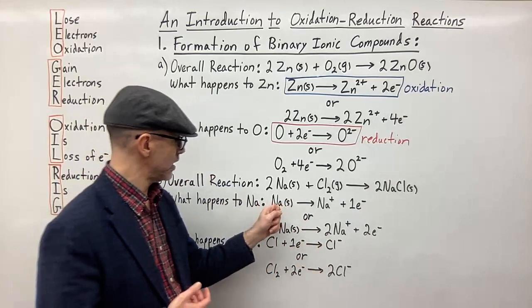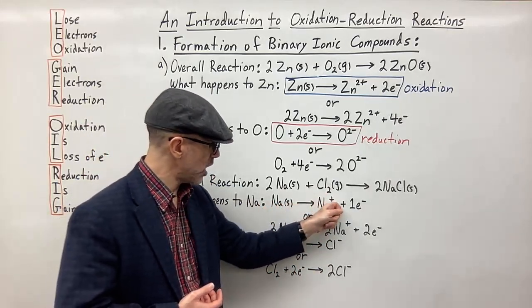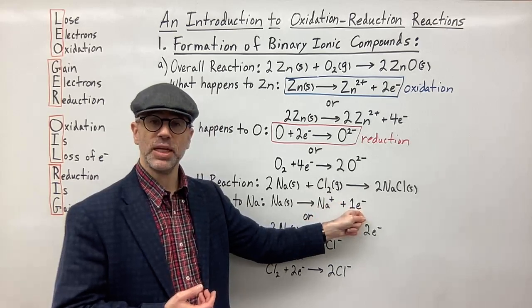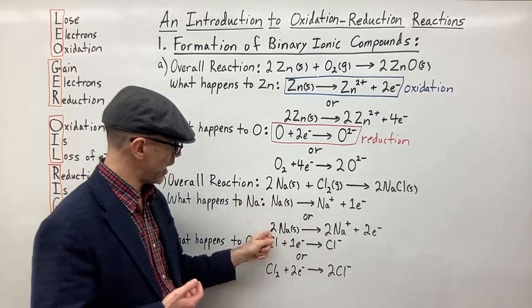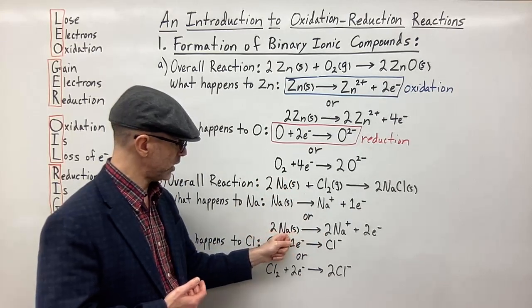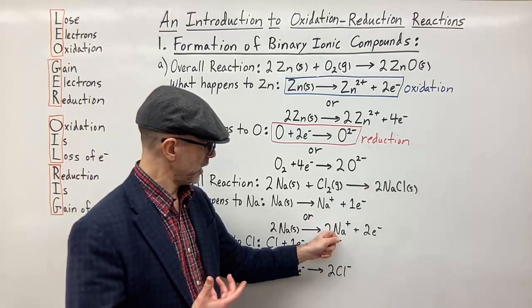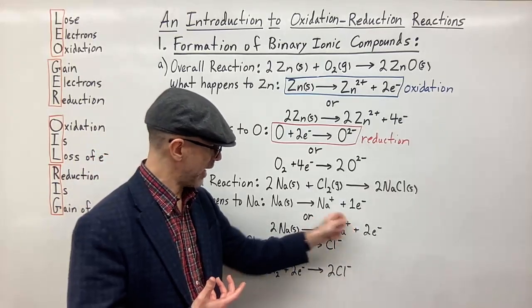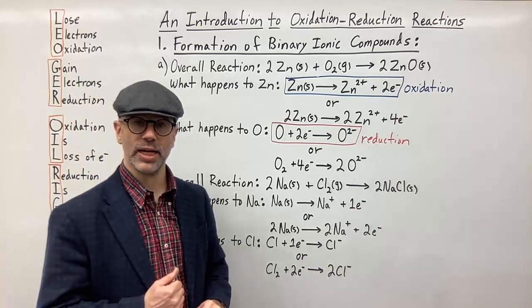So I could write that as Na(s) going to Na+ with one electron being lost. Or because I have two sodiums here, I could write it as two sodium solid, two sodium atoms neutral, becoming two Na+ ions, losing a total of two electrons, one electron each.